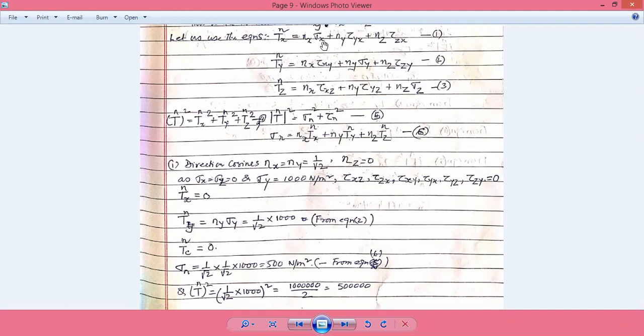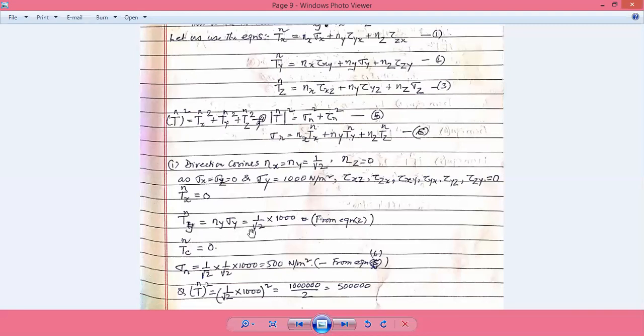Sigma x and sigma z are 0, and ny has a value, but tau xy, yz and zx are 0. So Tx is equal to 0, Ty remains. Only this portion, ny and sigma y, remains. Others are equal to 0 itself.